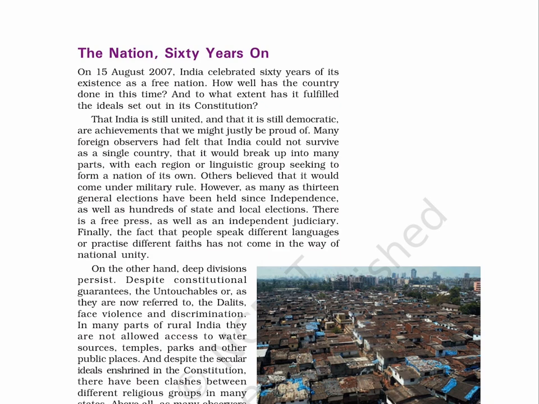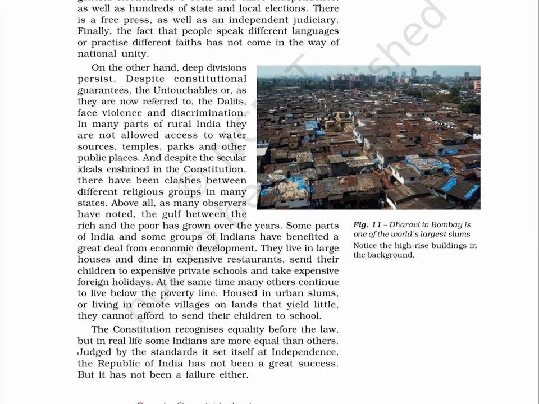There is a free press as well as an independent judiciary. Finally, the fact that people speak different languages or practice different faiths has not come in the way of national unity. On the other hand, deep divisions persist.